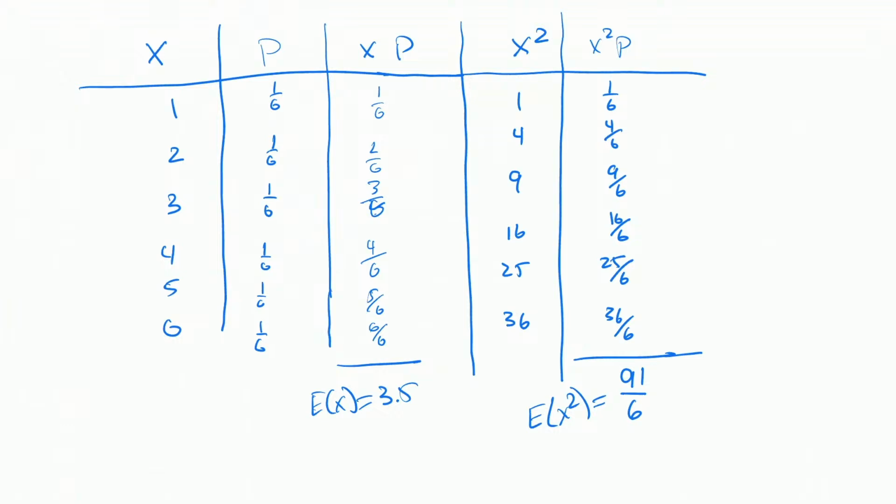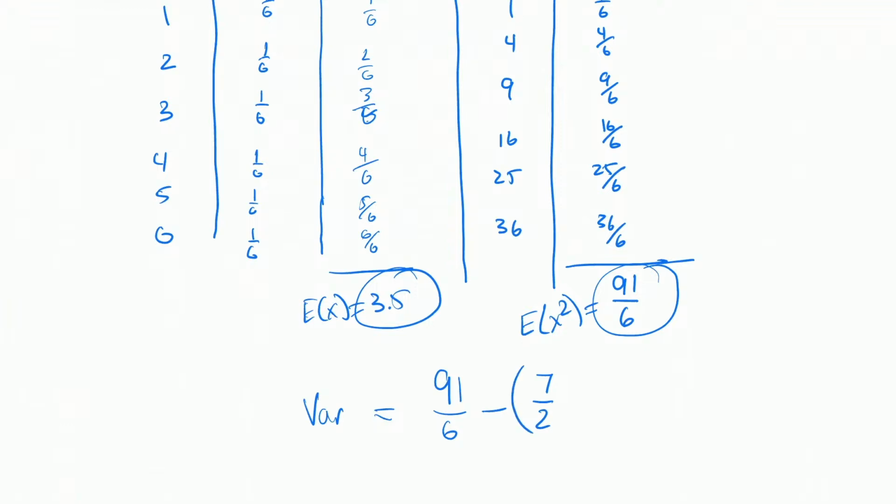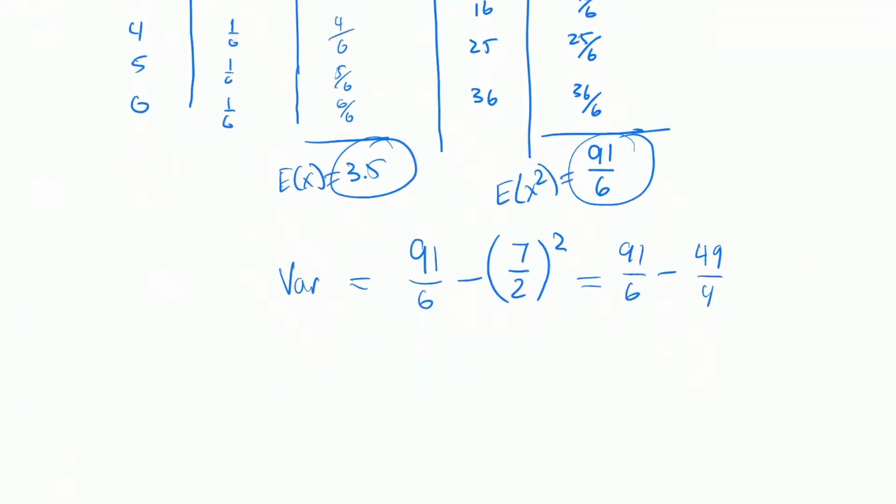91 sixths? All right, now the final bit: the variance is going to be this number, 91 sixths, minus this number, 7/2 squared. 7/2 is 3.5. So that's 91/6 minus 49/4. Now we would probably pull out our calculators at this point, but you know me, I can't use a calculator if I can help it.